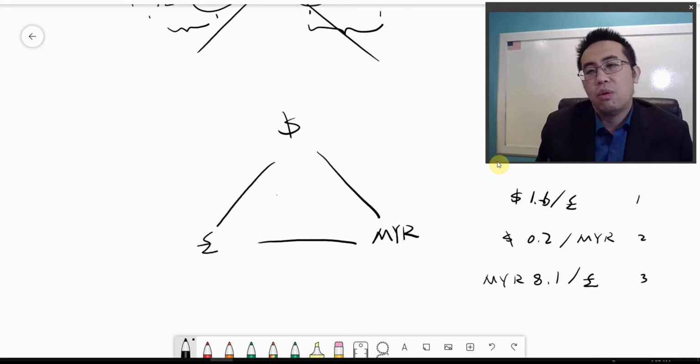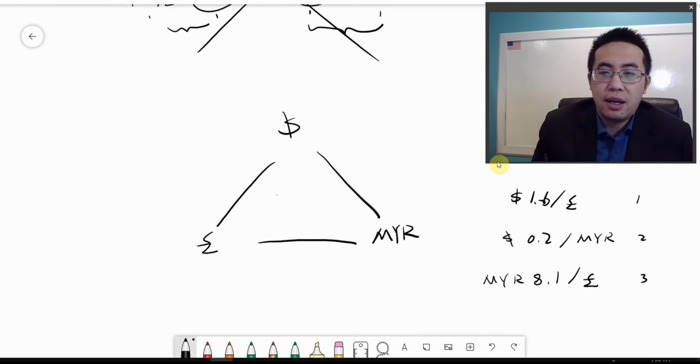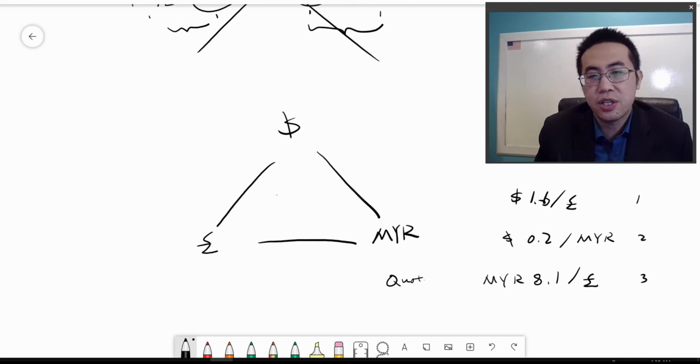Okay, so what can we learn from these three rates? First of all, we need to develop the exchange rate that is comparable with Bank 3's rate. This Bank 3's rate, I call it the quoted rate because this is directly provided to traders.